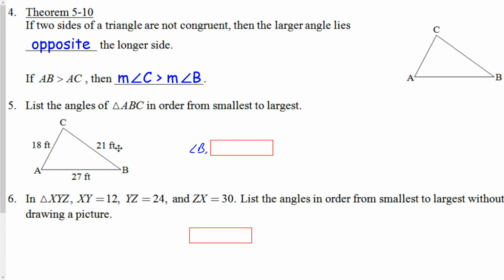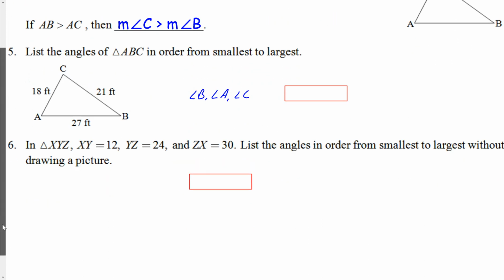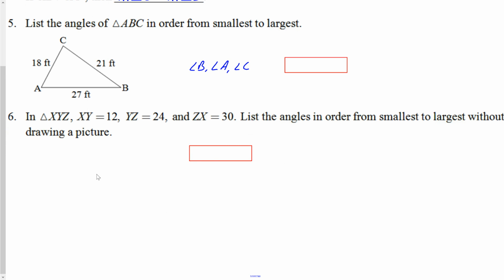If BC is the middle length side, the angle opposite from there is the middle sized angle, so that's angle A. And opposite the longest side is always the largest angle, so angle C is the largest of those three angles. This is typically easy when you have the sides shown in a picture with the lengths, but not always as easy without a picture.